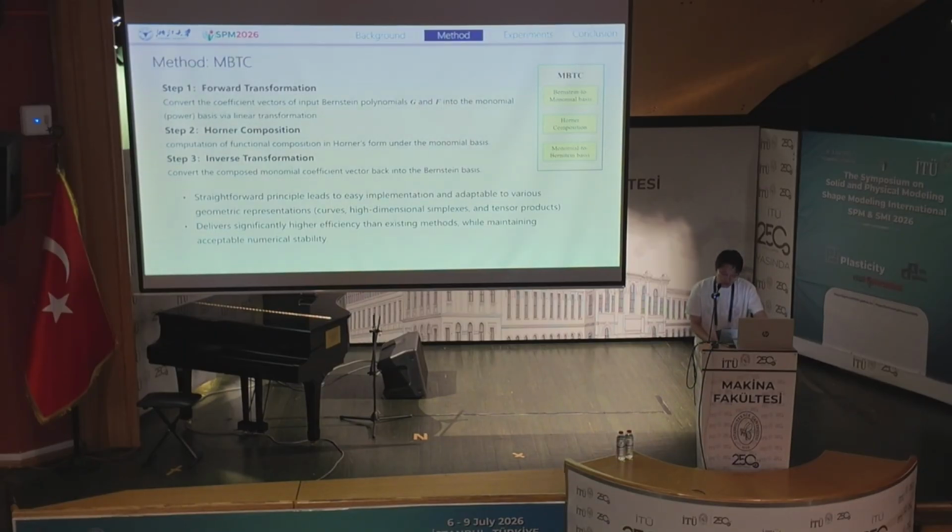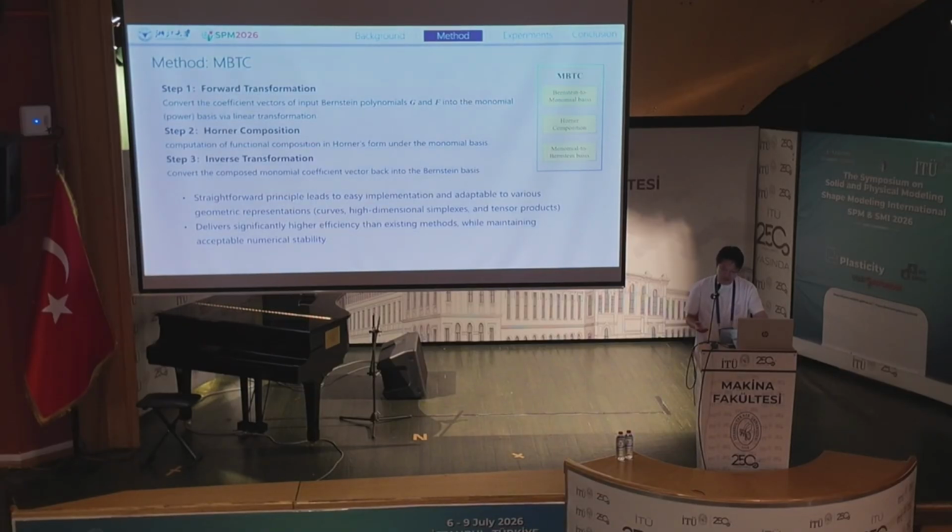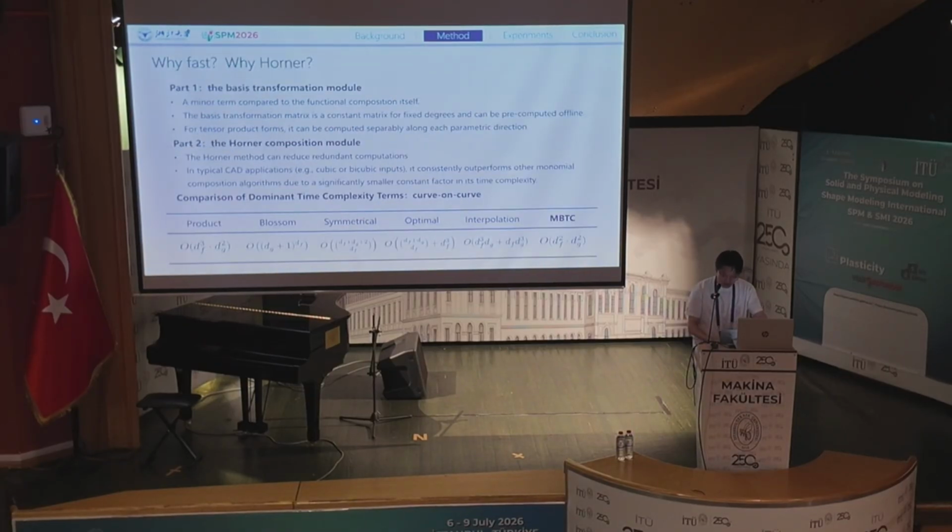Next, compute the functional composition in Horner form under the monomial basis. The Horner composition in this step is different from the standard Horner evaluation. Instead, it makes use of the Horner structure to perform exact coefficient composition. Finally, convert the results back into the Bernstein basis.